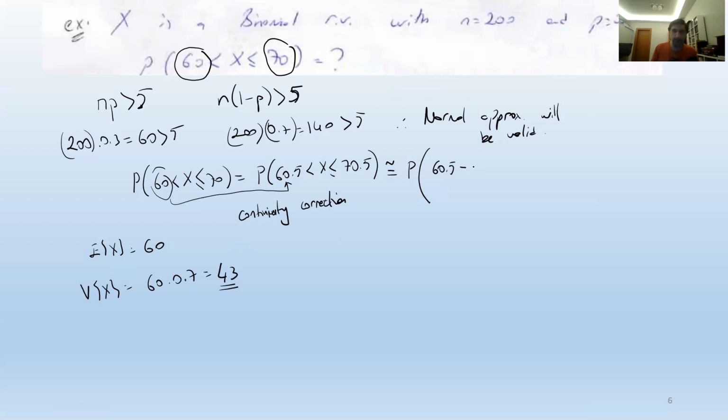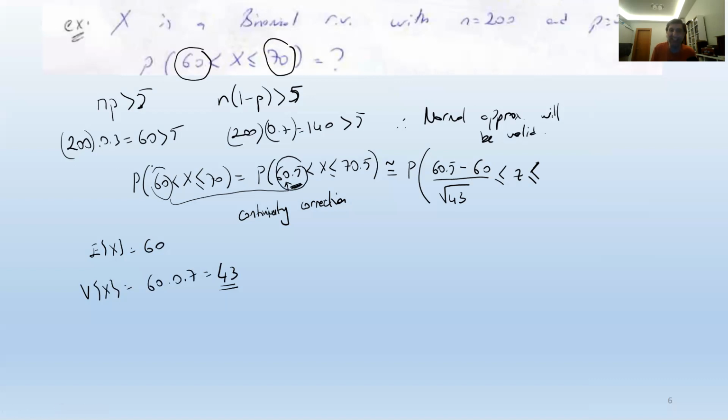All right. So this is going to be equal to 60 divided by 42. This is smaller or equal. That value is going to be smaller or equal. Note that whether you put this smaller or equal here or not, it doesn't make any difference, because whether we include 60.5 is not important.